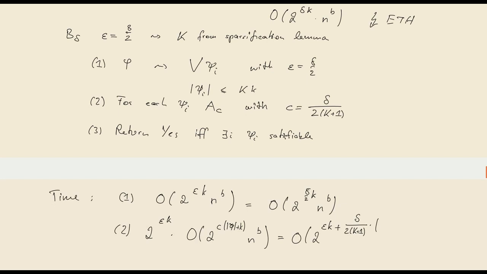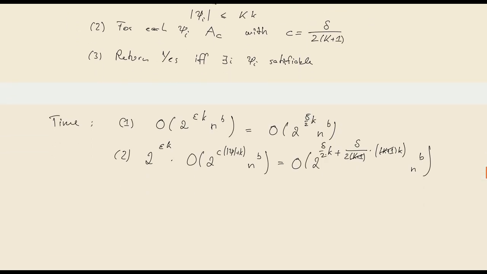And then this is bounded by capital K times k plus another one, capital K plus 1 times k. And then these cancel out. And the epsilon, we can also directly insert here, is delta half. So magically the whole thing is exactly delta k times n to the b.